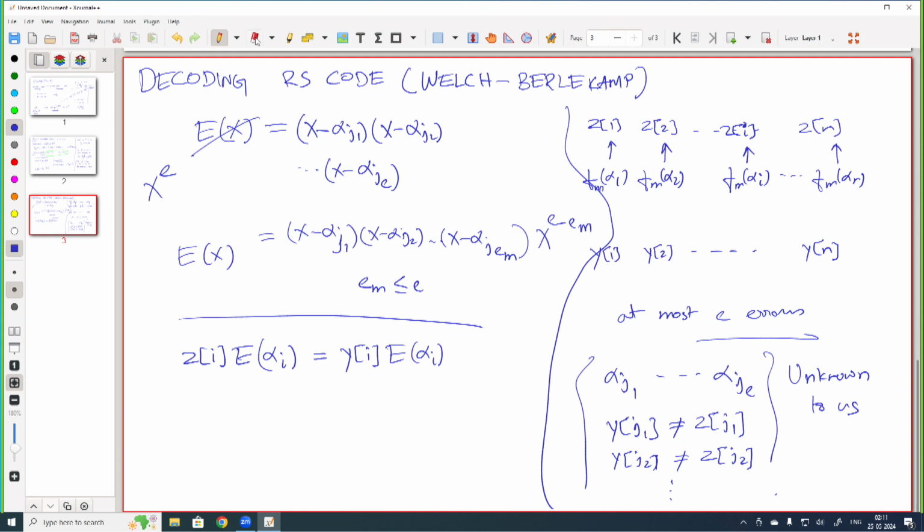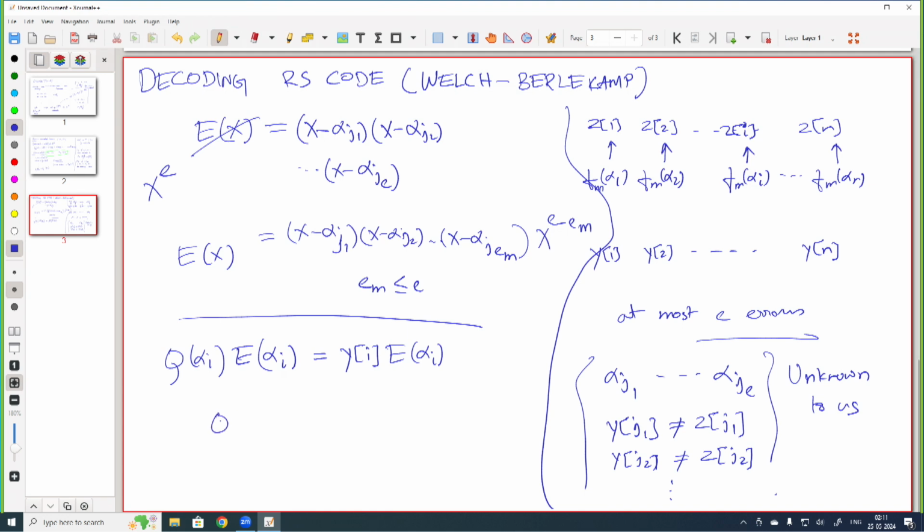So, I do not have z I's, right, because z I was sent, but I did not receive z I. So, here I will put some other polynomial which I will call q of alpha I. Okay.